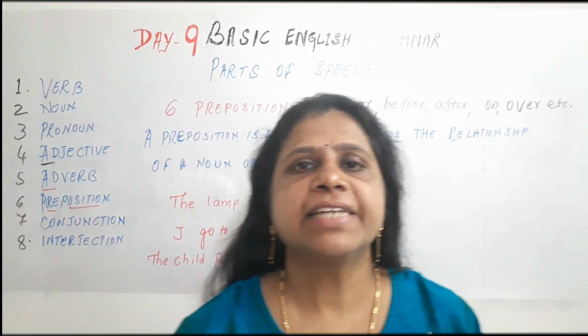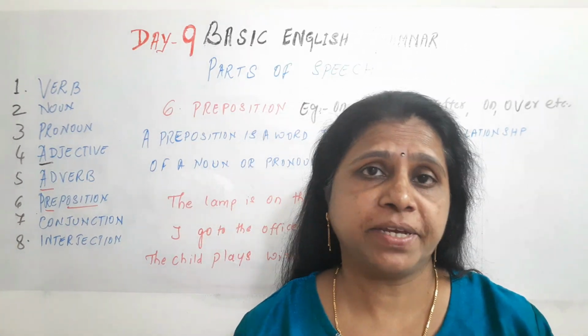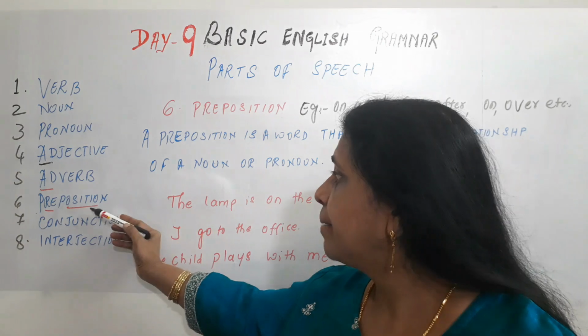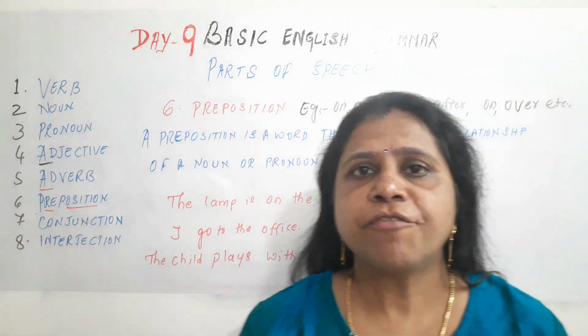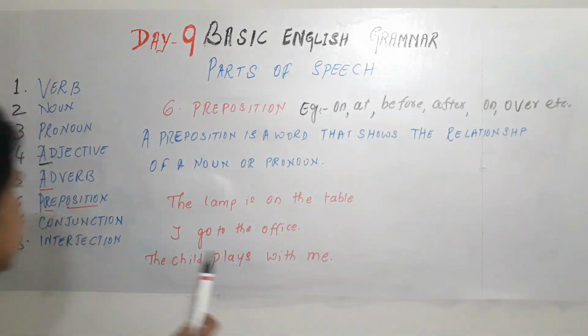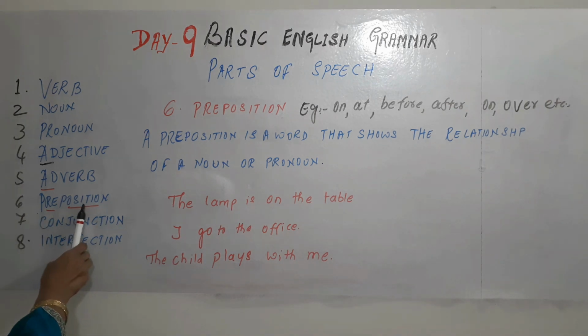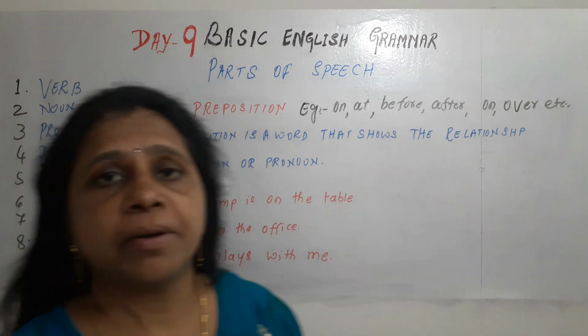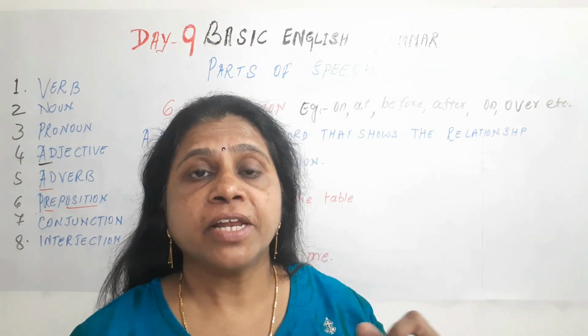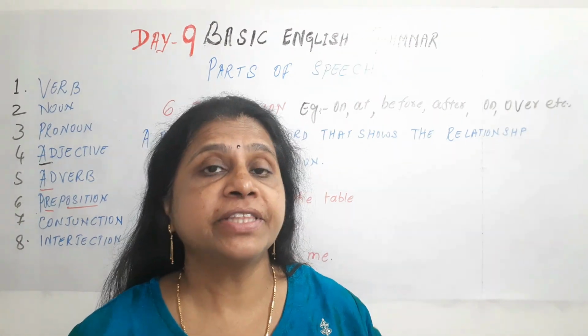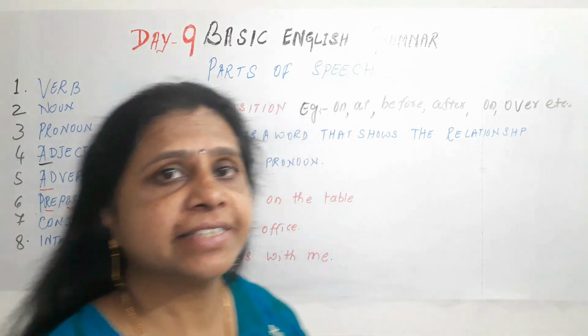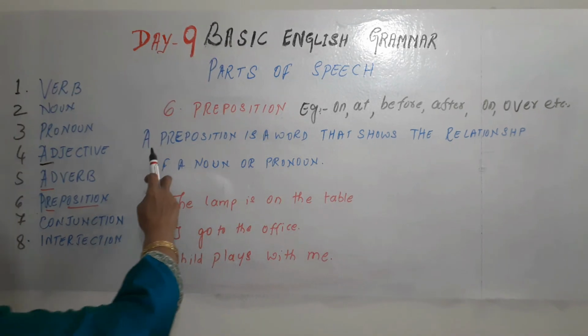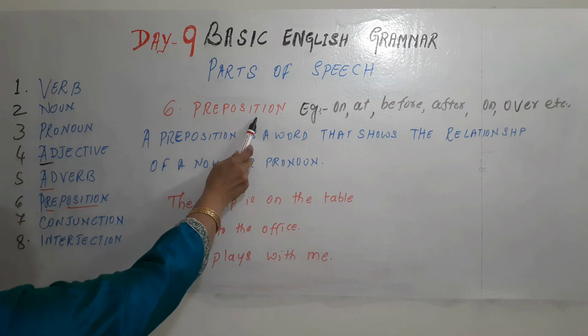Now, let us understand the next part of speech, that is preposition. Dear friends, you can see here preposition. So it is showing the position of the noun or the pronoun with another word in a sentence. So let us understand what a preposition is.